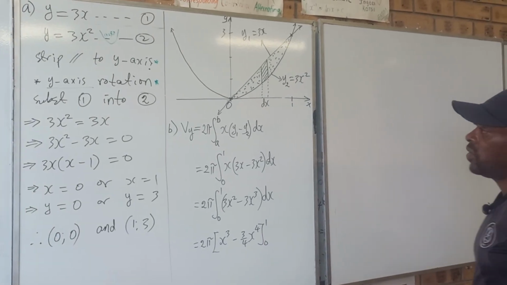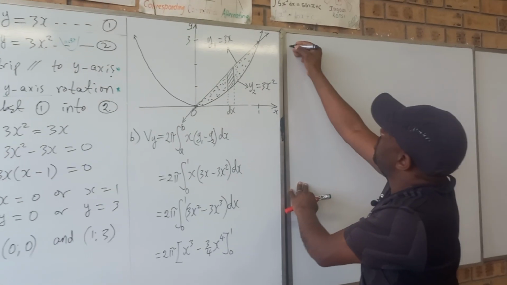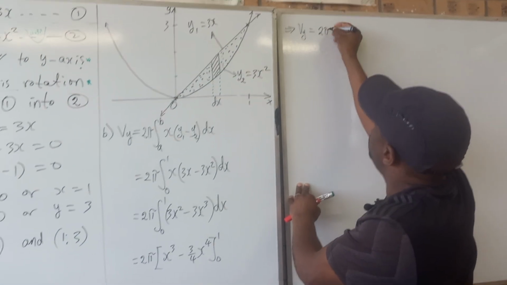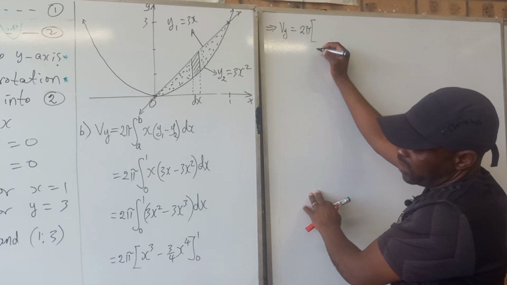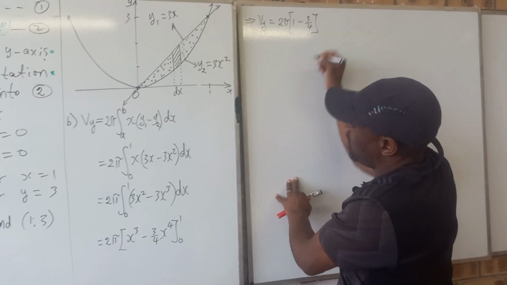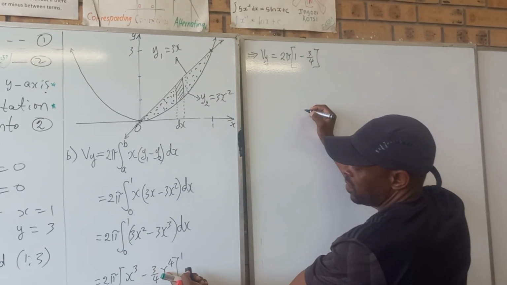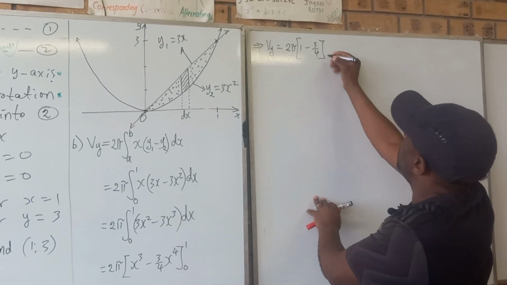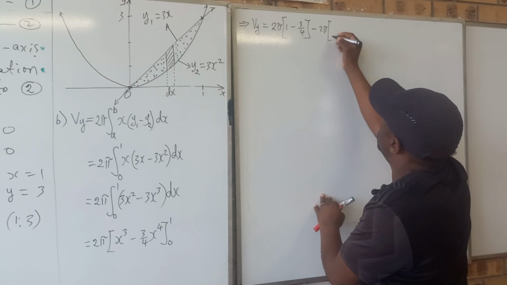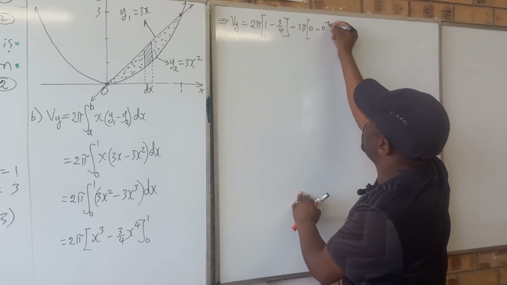Then we can now substitute our limits. We'll continue the side. So Vy is equal to again my 2 pi. The upper limit is 1, so I get 1 minus 3 over 4, since if I put 1 cubed, it's 1, and 1 to the power 4 is 1. Then minus, I start the process again, replacing x by 0, so that will be 0 minus 0.